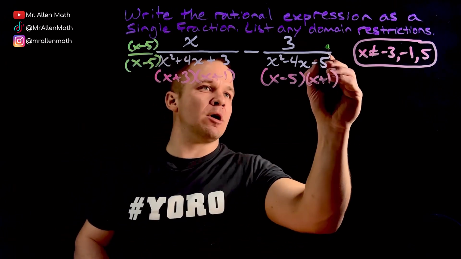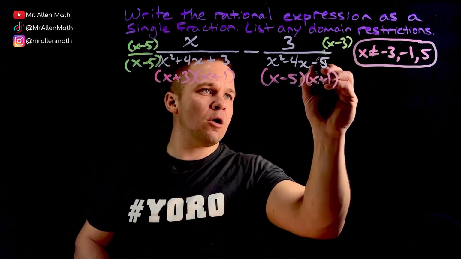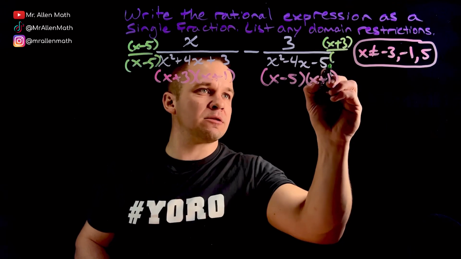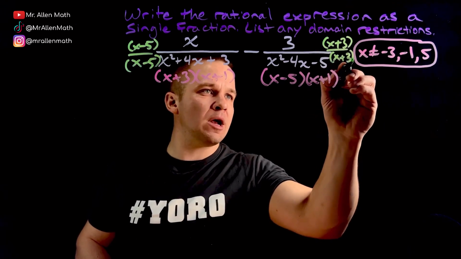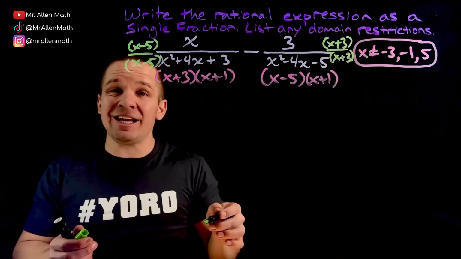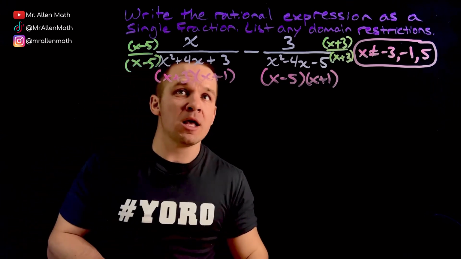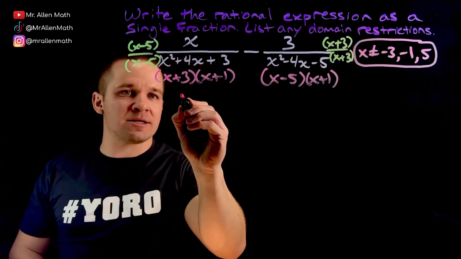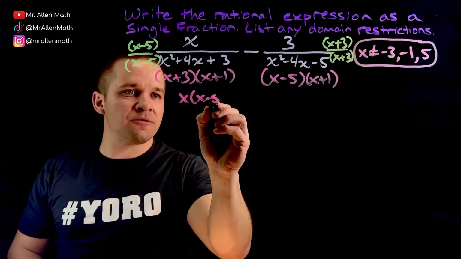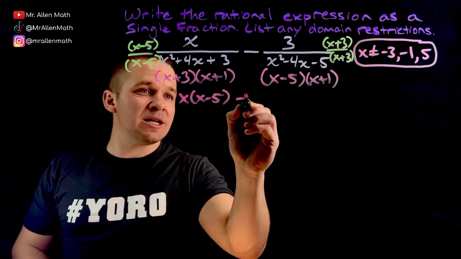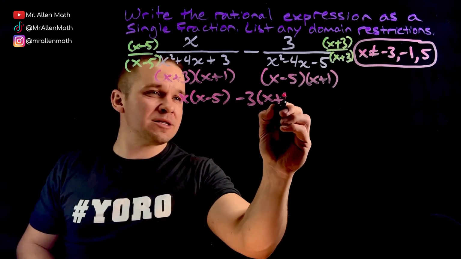And this one needs to be multiplied by x minus 3 over x plus 3. Now they're going to have each other's factors, right? So this first one here is going to be x times x minus 5, and then we're going to have minus 3 times x plus 3.